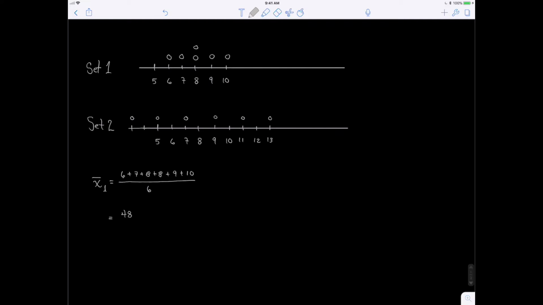So I have 48 divided by 6, so the mean for the first data set is 8.